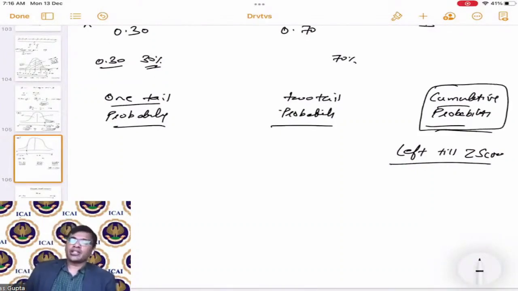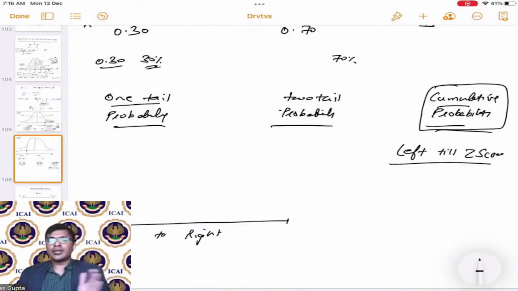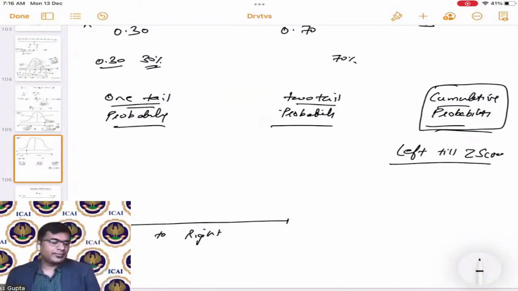Because cumulative probability is from left to right. This is needed because we need the left till right, which gives us the total probability for that event to happen, which can be used as N(d1) and N(d2) value always. We don't need any two tail or one tail.